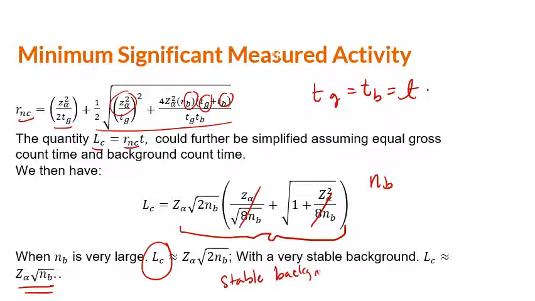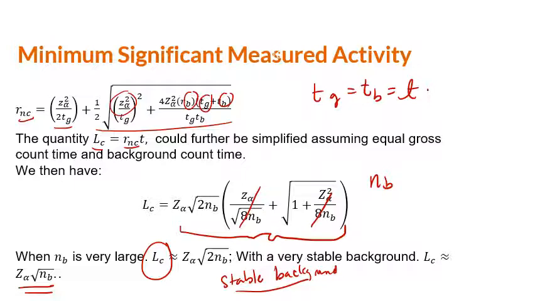na kapag if we know more, because we know more about our system, if we have a stable background, mas may idea tayo dun sa system natin. So, dun sa stable background na case, mas maliit yung counts needed para sabihin natin na merong existing radiation, merong significant na measured activity. We can have a better conclusion on that if we have a stable background.